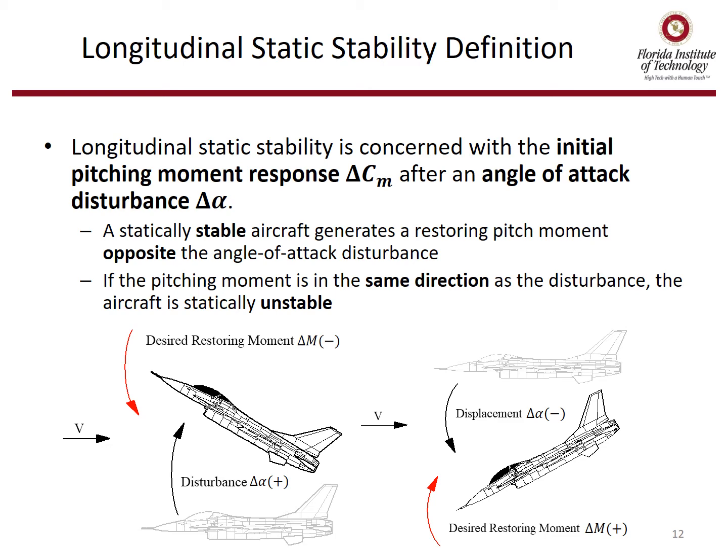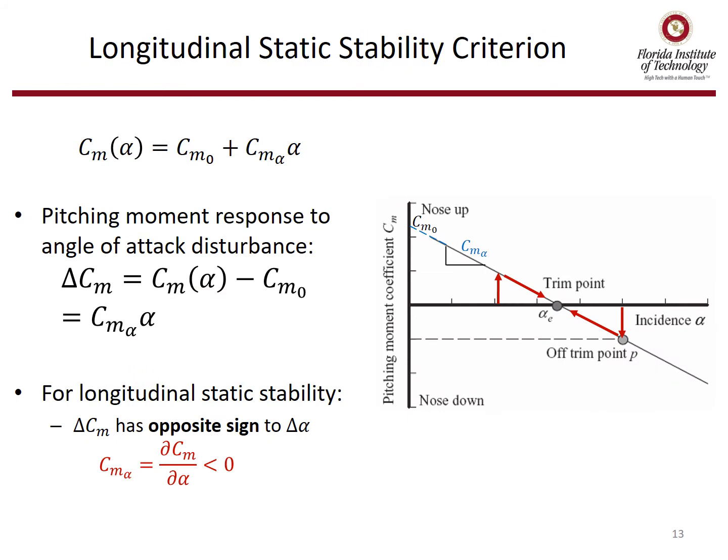Likewise, if I'm trimmed at 6 degrees angle of attack and a gust pushes me to 2 degrees angle of attack, I want the nose to come up, the natural restoring moment to come up to get back to 6 degrees angle of attack, if that was my trim value. So again, we want the restoring moment to be in the opposite direction of the disturbance.